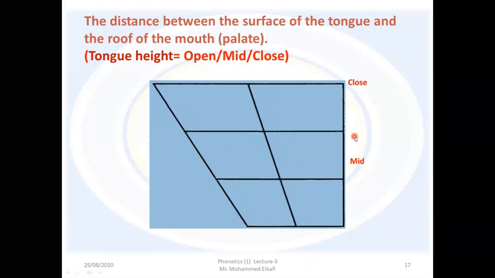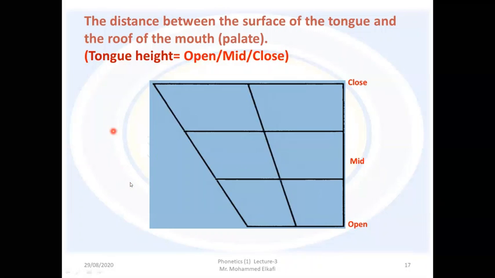Sometimes the tongue comes near to this line, which is between mid and close, so we'll say the sound is close mid. So we think of this line as close mid. In case the tongue stays in its normal position here, we'll say the tongue height is open, so the air can come from the larynx and go through the mouth and lips.